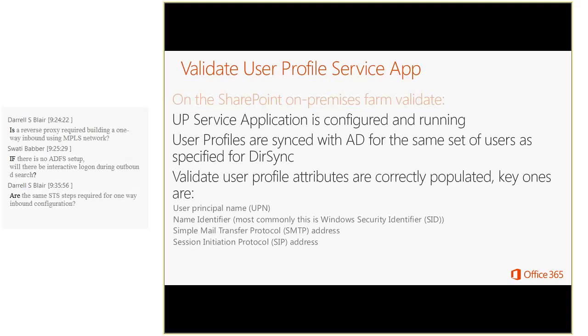We actually, to do that rehydration process, ensure that we have a certain set of attributes correctly populated, like the user principal name, which is definitely playing a key role here.